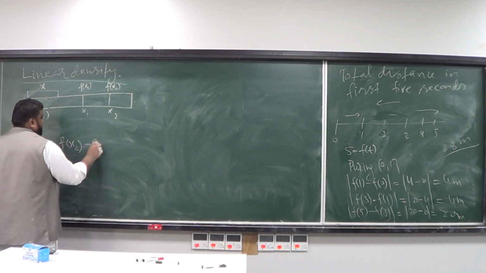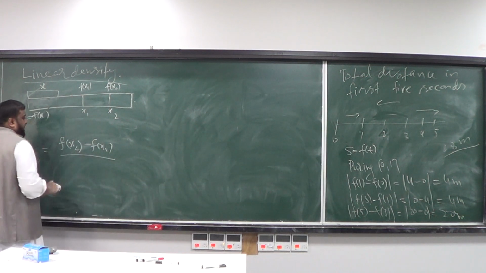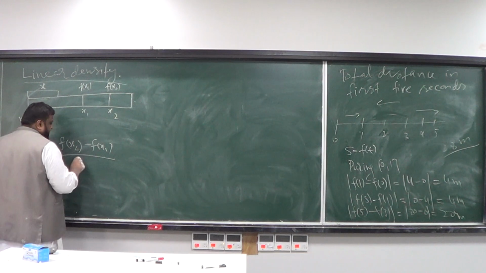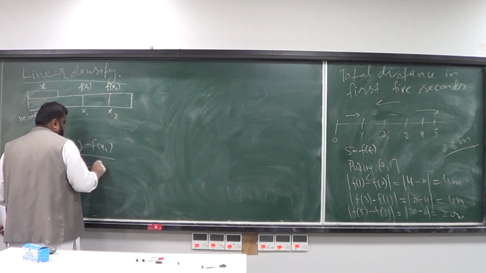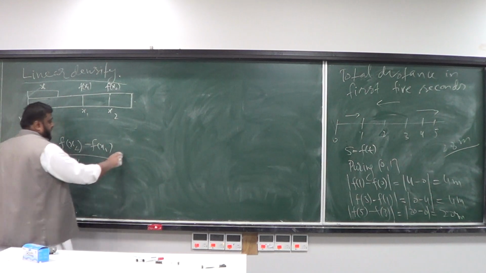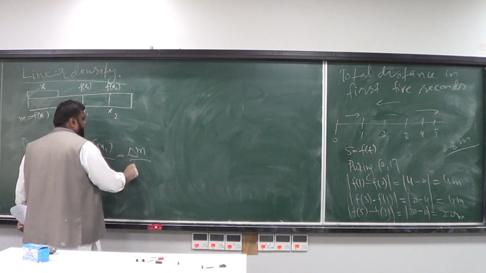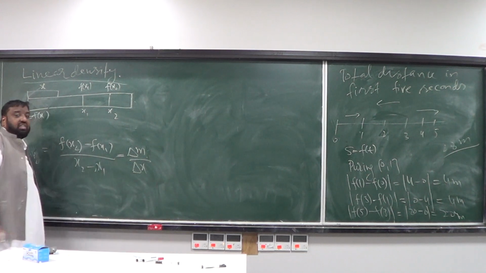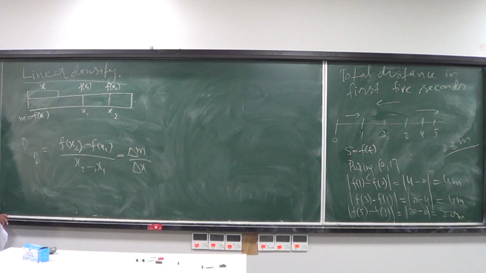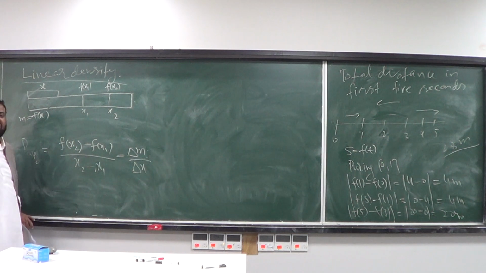So it's f of x2 minus f of x1, all divided by x2 minus x1. You can say this average density is the change in mass divided by the change in length, per unit change in length of the rod.